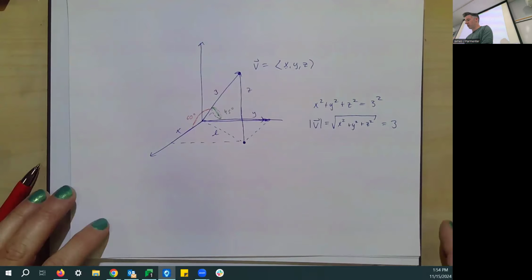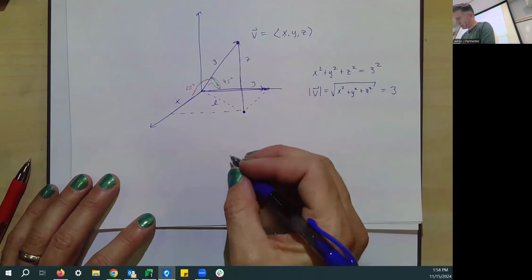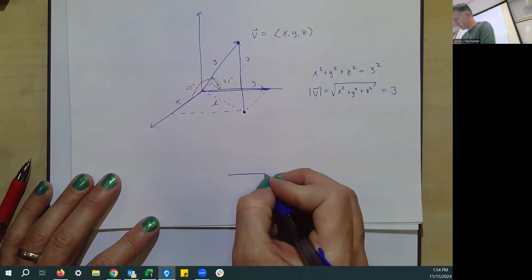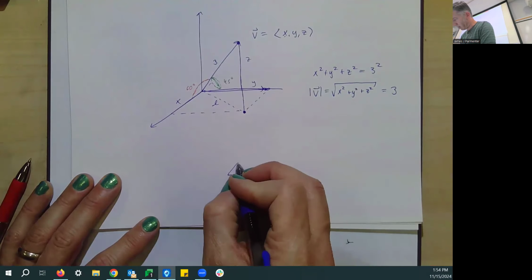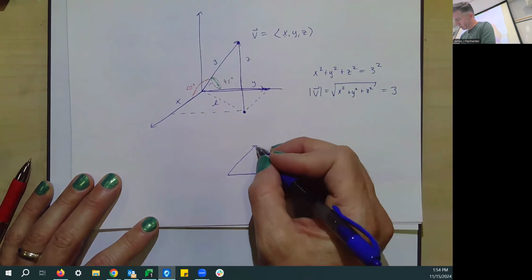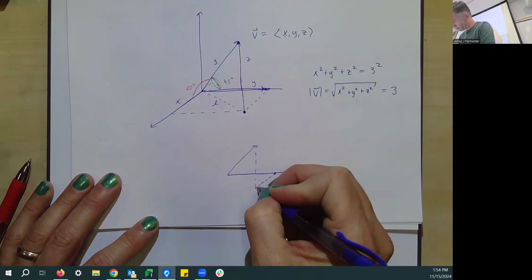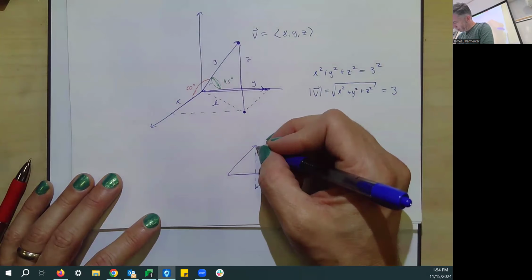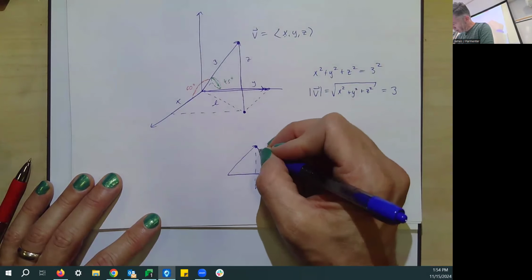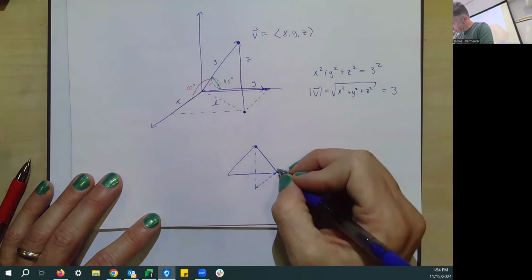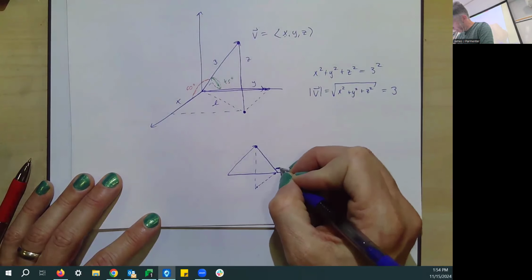Yeah, okay, that seems smart. So let's see if we can do this. Just think about the y-axis here and my vector coming up that way and going like that. Okay, this might work. So then if we drop a perpendicular from here to there, that is perpendicular to my axis there.